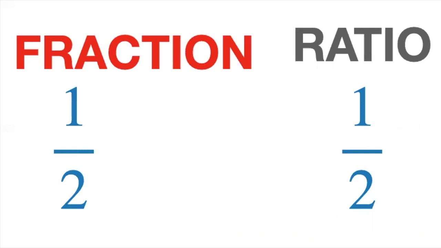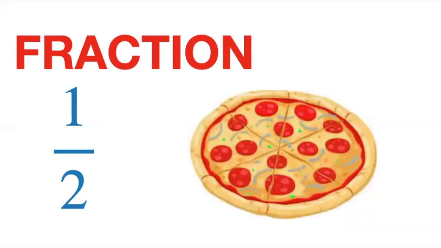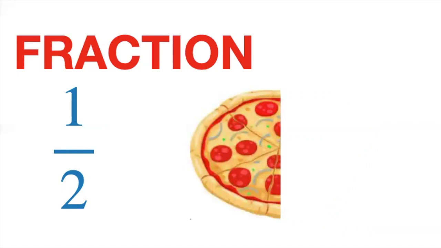Let's compare how we use fraction 1/2 and ratio 1/2. Mathematically, they are the same. In fraction, we treat it like it is just a single number. Example, if we have a pizza and we say it's 1/2, it means it is just half of the pizza.